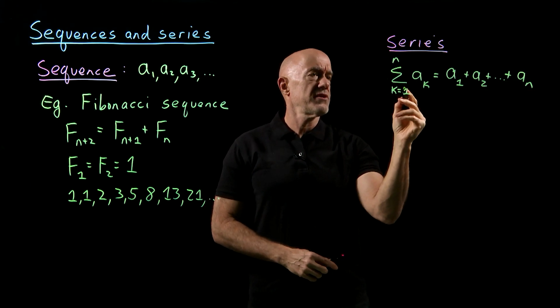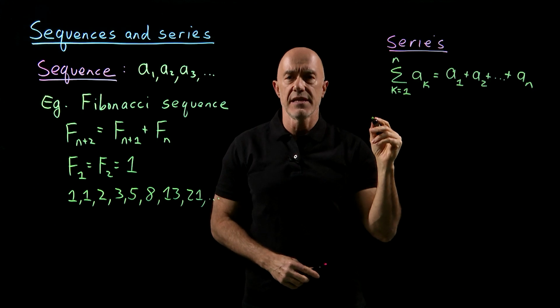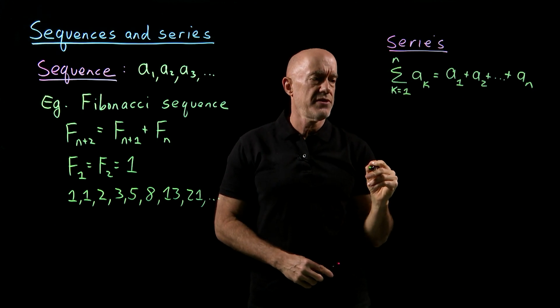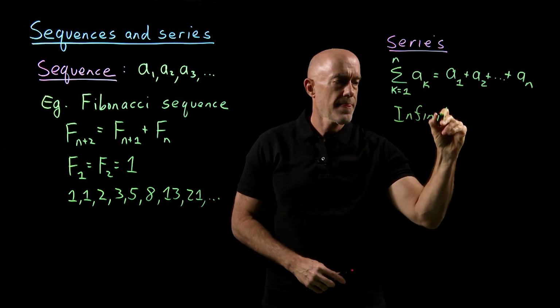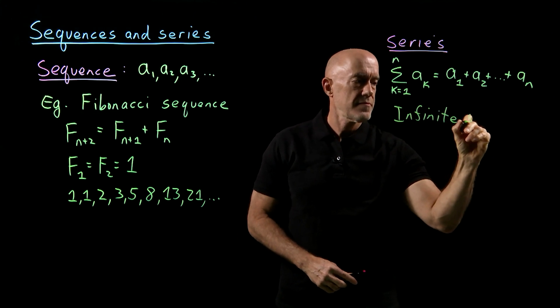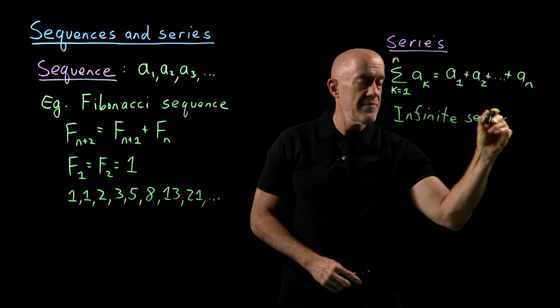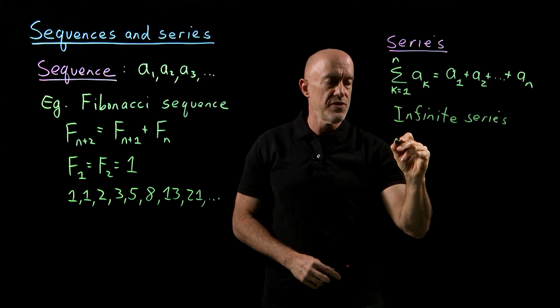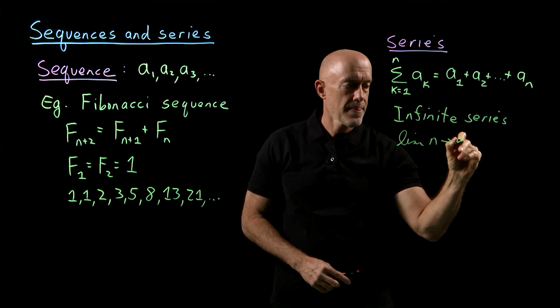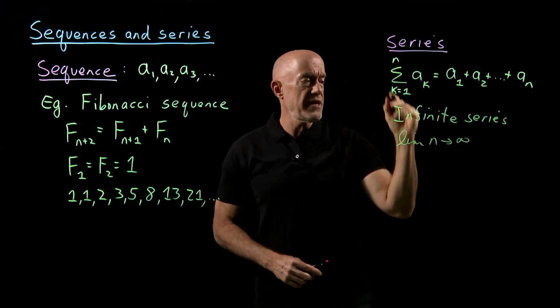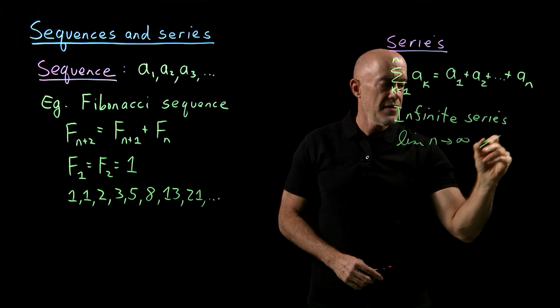In this course, we'll be mainly interested in infinite series. So the infinite series is the limit that n goes to infinity. Three things can happen in this limit.